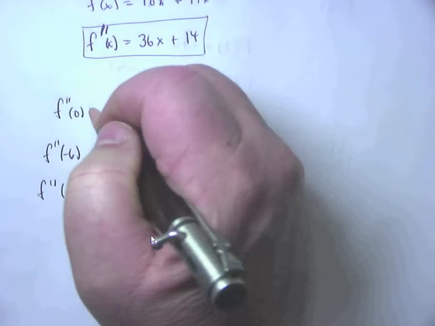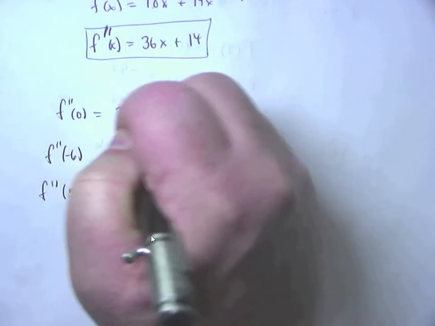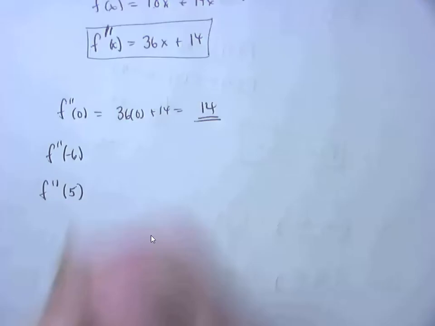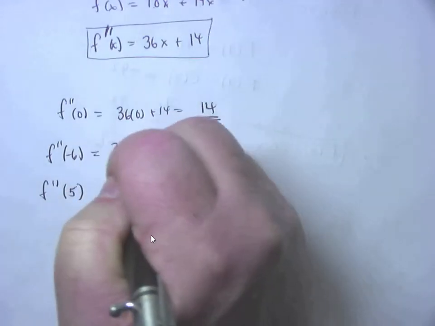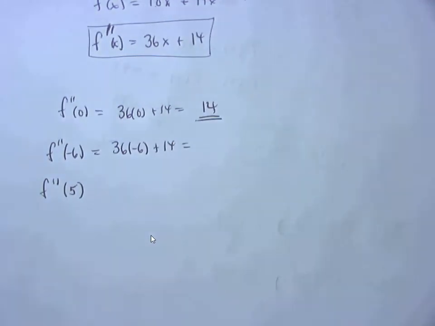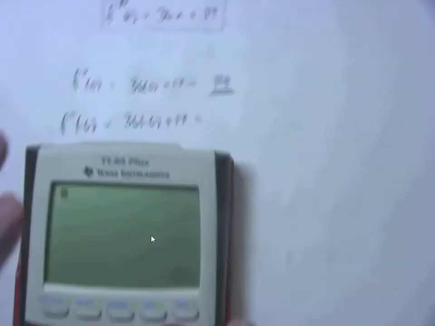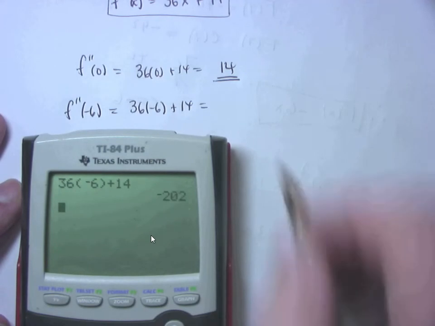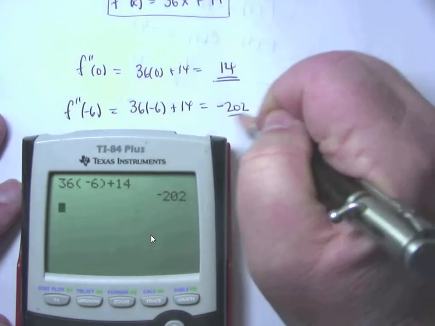F double prime of 0 is 36 times 0 plus 14. That's easy math. That's 14. F double prime of -6 is 36 times -6 plus 14. Oh, big numbers, use calculator. So here we go. 36 times -6 plus 14, and I end up getting -202.